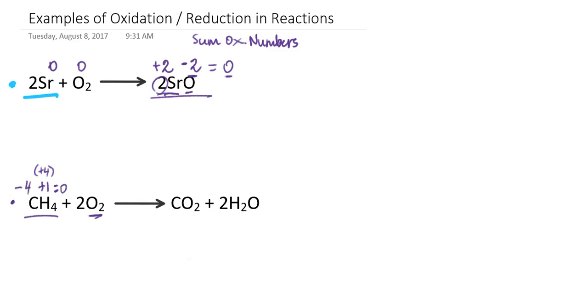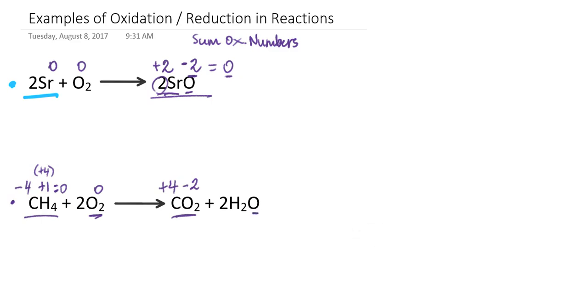Here we have elemental oxygen again. So the oxidation number for oxygen is 0. In carbon dioxide, the oxidation number for oxygen is -2 because carbon dioxide is not a peroxide. -2 times 2 is -4. If that's going to sum up to 0 because carbon dioxide is a neutral compound, then that means that carbon should have an oxidation number of +4.